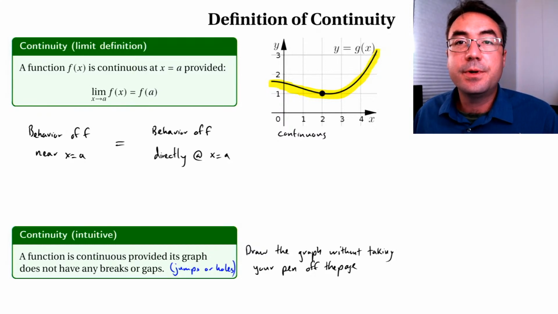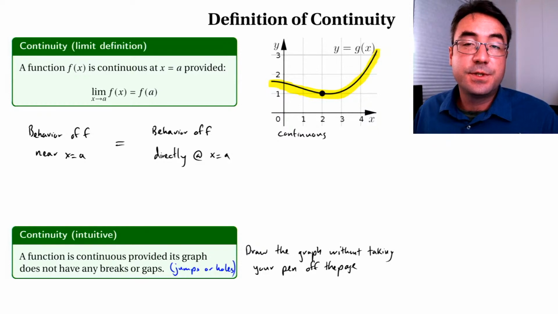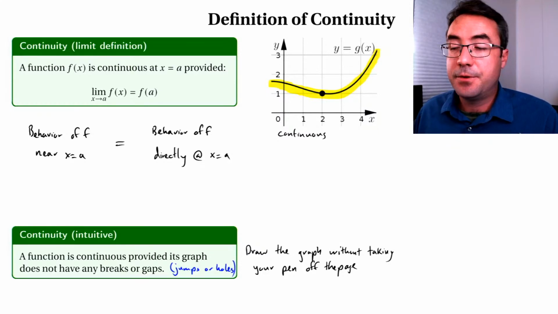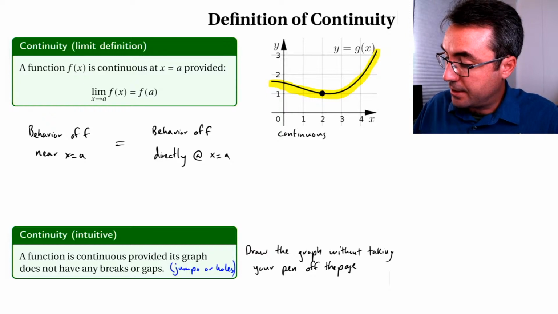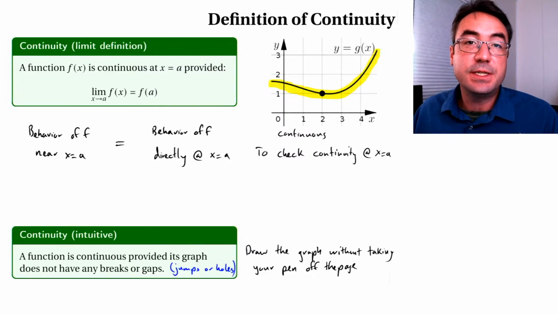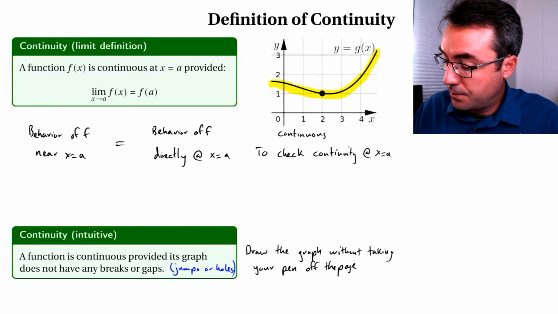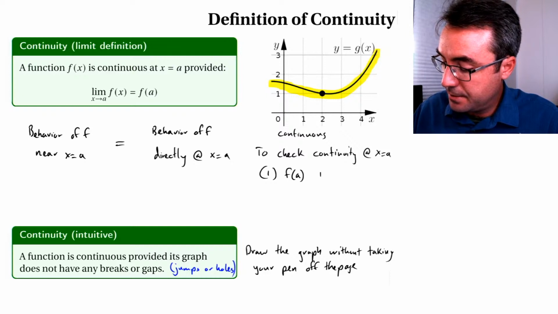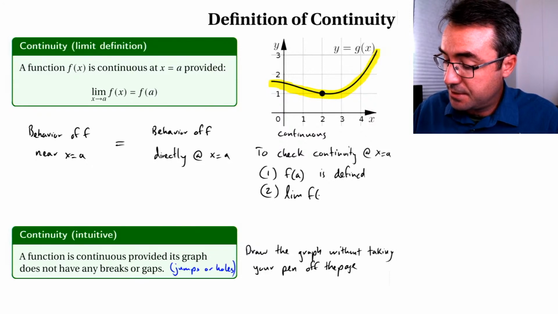So to check for continuity, we really use the limit definition, and there's really three things we need to check. If we wanted to check whether a function was continuous at x equals a, we need to check that our function is defined. We need to calculate our limit, make sure that exists.